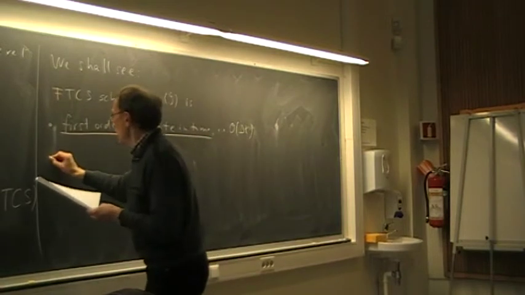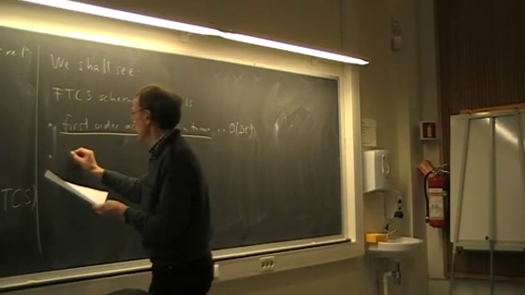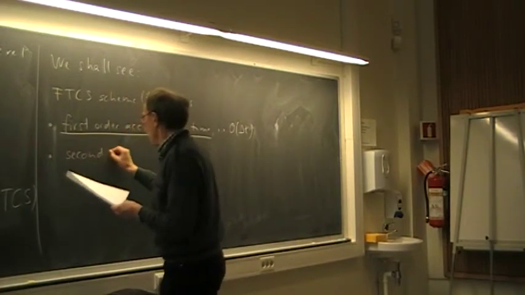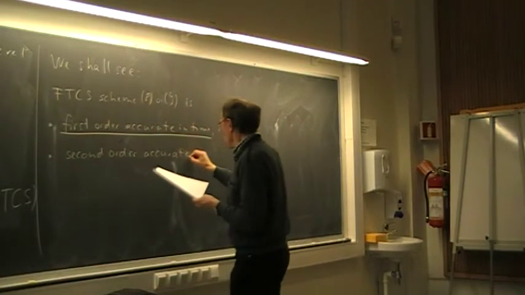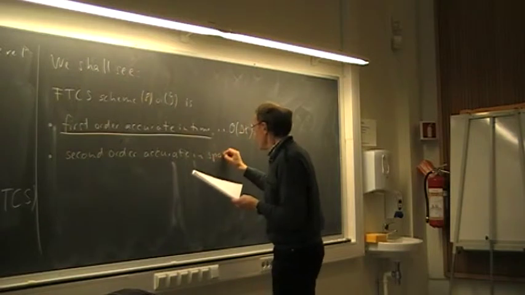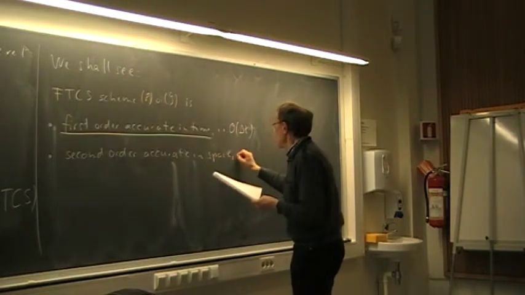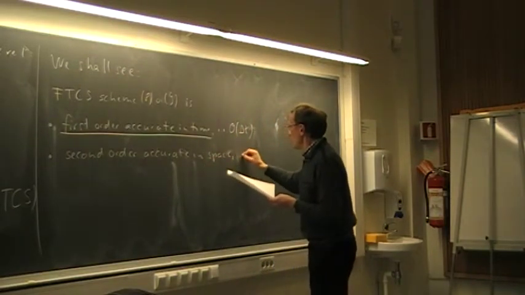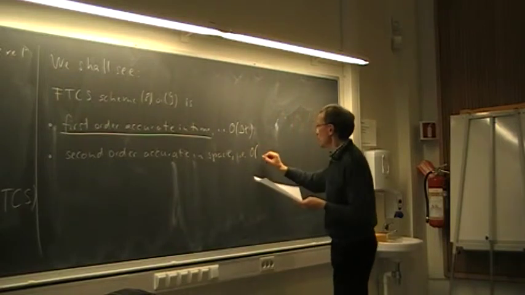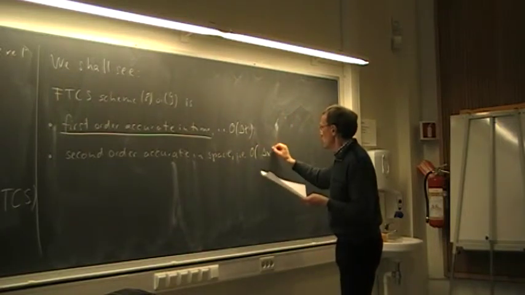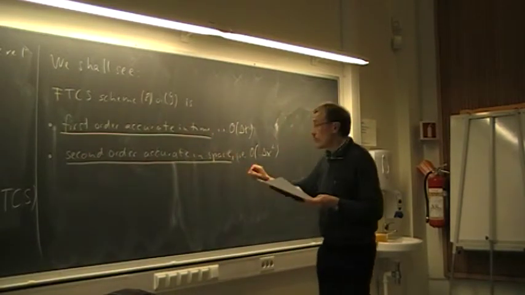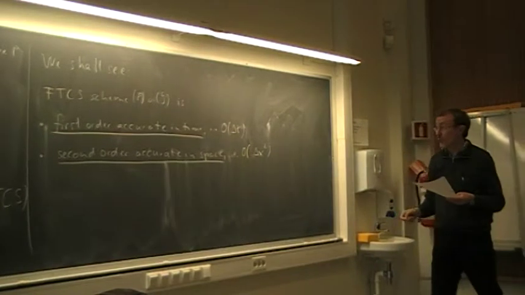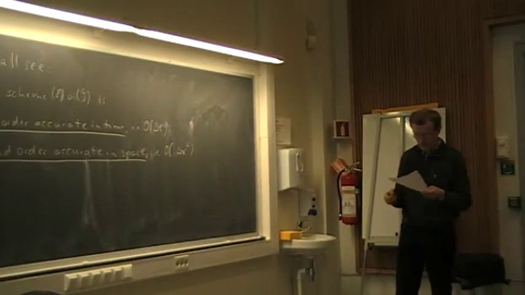And it is second order accurate in space. And that means that it's order delta x squared. So we now have dependence of the accuracy on both space and time.